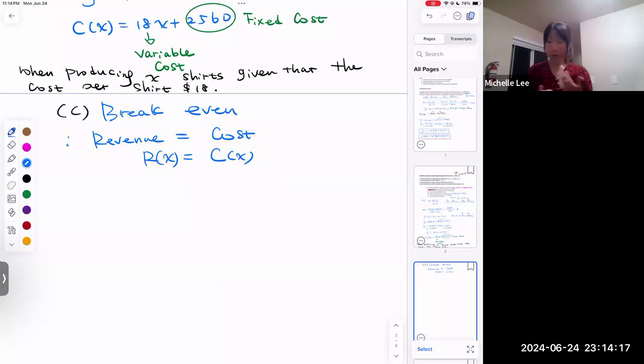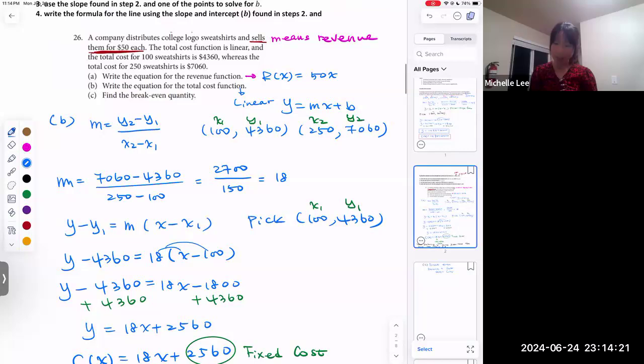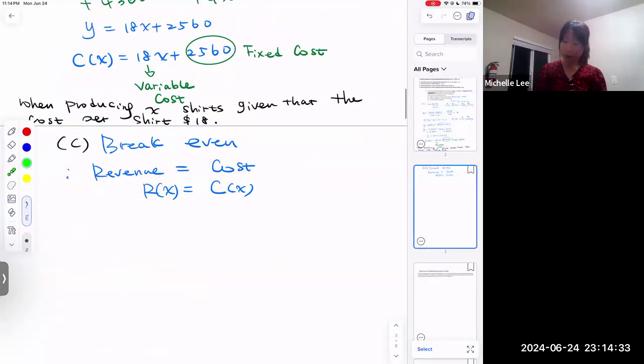So we have in the beginning the revenue, which is 50X, and then the cost function, 18X plus 2,560, right? So 50X equals 18X plus 2,560.